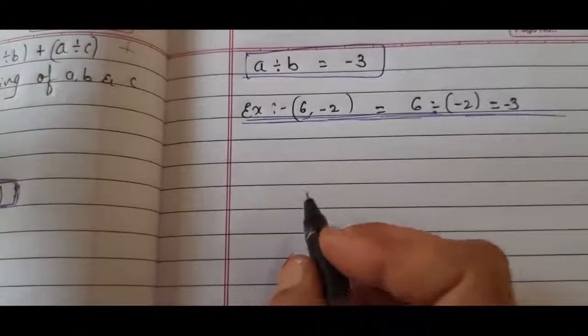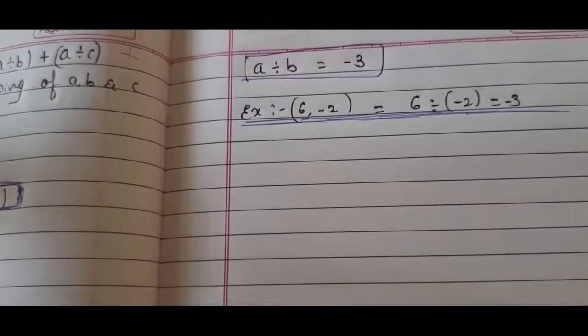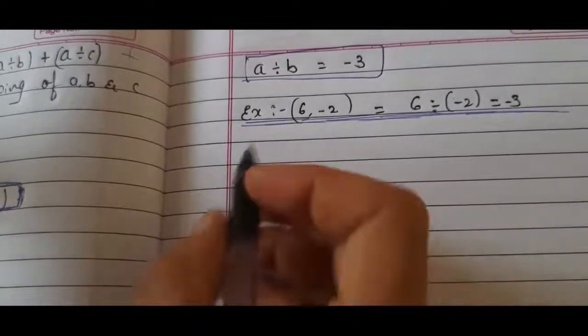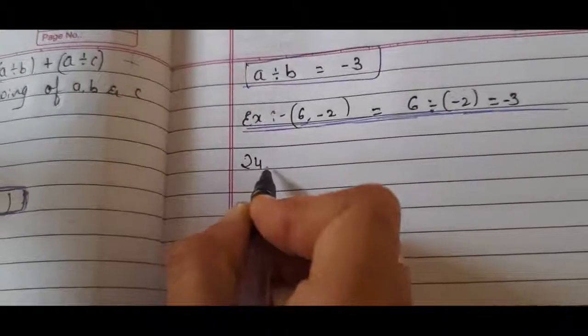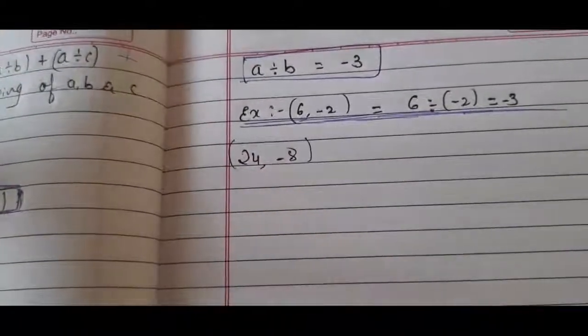Next, I will take the first 2 integers, that is 24 and minus 8. I prefer 24, minus 8.